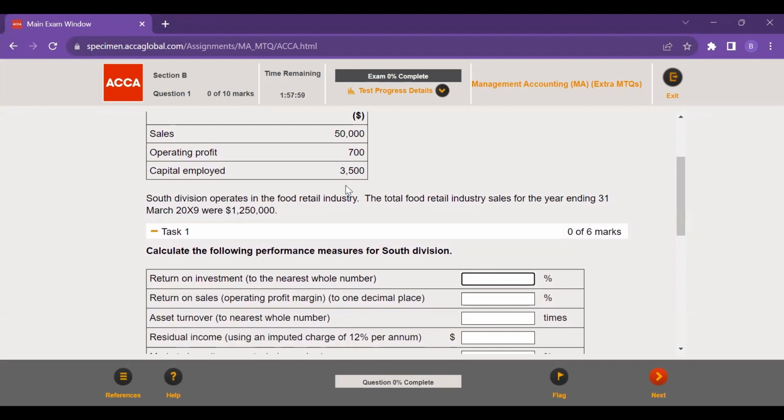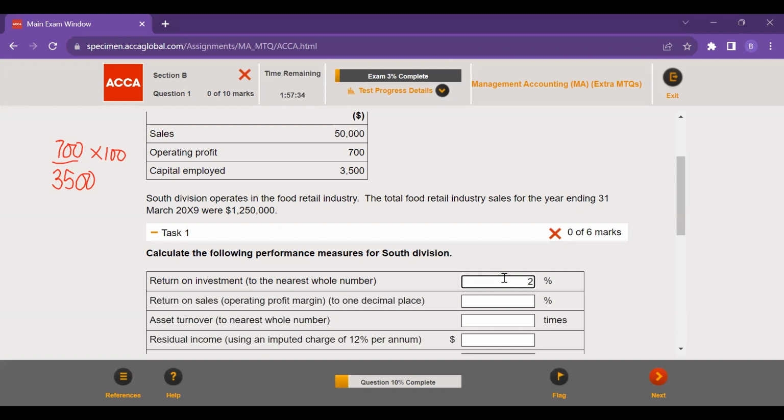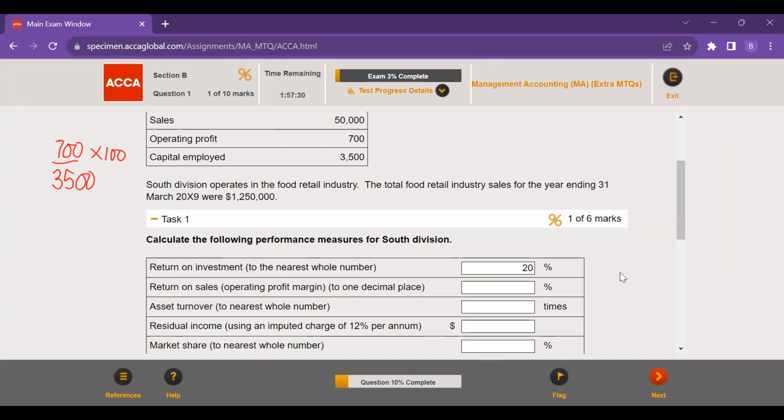So this will be 700 divided by 3500, and to convert it into a percentage, I multiply by 100. The answer comes out to a straight 20%, which is already to the nearest whole number. So I'll just enter 20 over here.